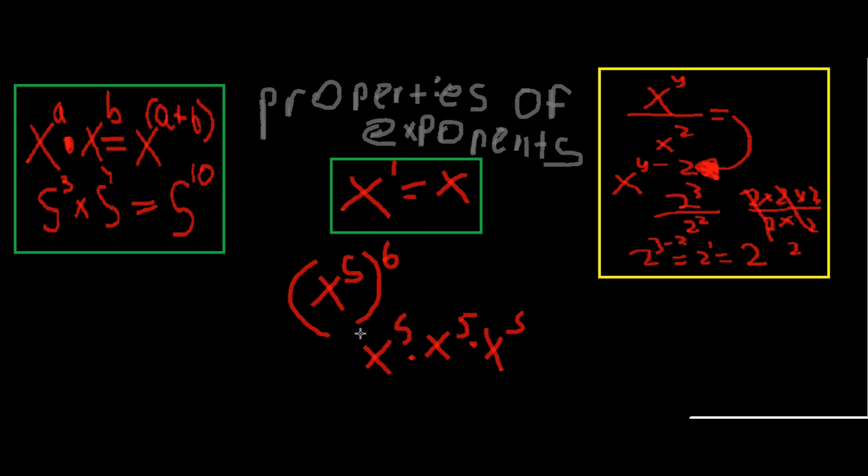Times x to the fifth, that's 4. X to the fifth, that's 5. X to the fifth, that's 6. So, 5 plus 5 plus 5 plus 5 plus 5 plus 5. From the multiplication property, x to the 30th.